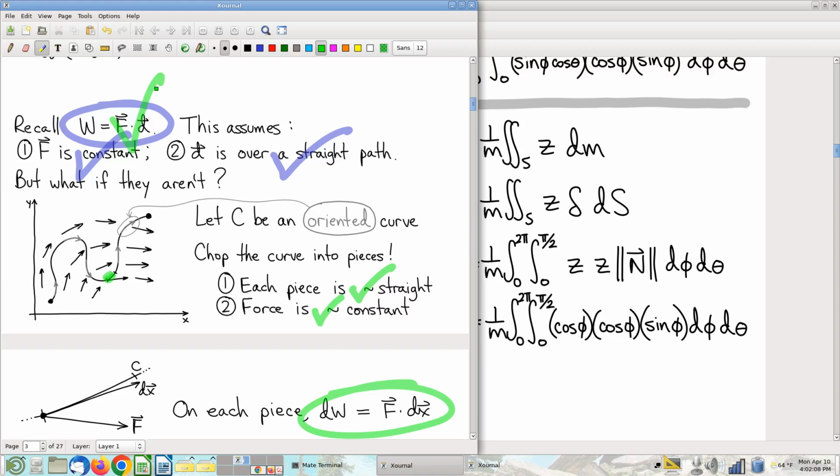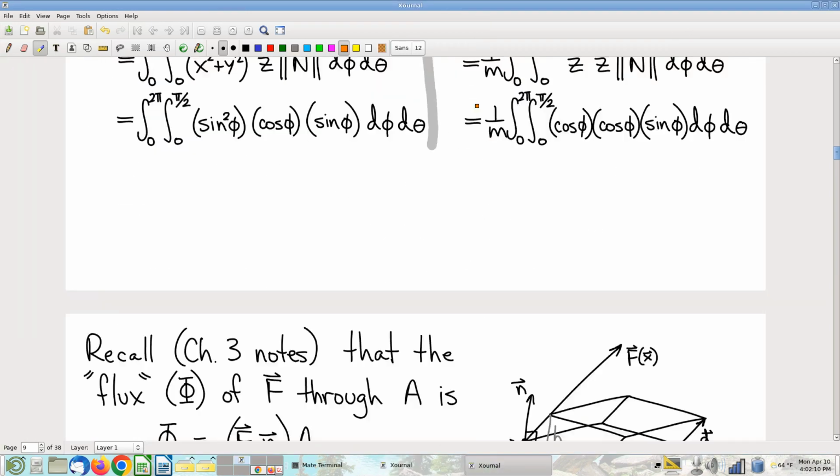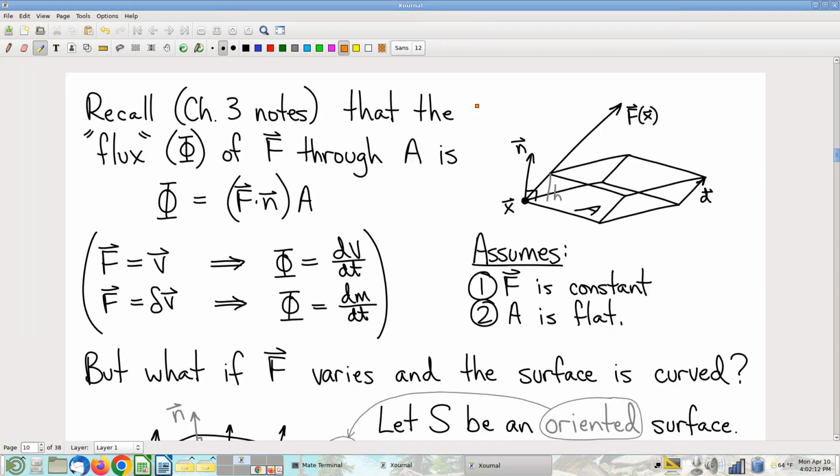We're going to take the exact same strategy here for a different question, not work. We're going to talk now, in this context, about flux. Y'all remember this thing called flux. We talked about it a fair amount in Chapter 3. And why do we care about flux? What is it good for?